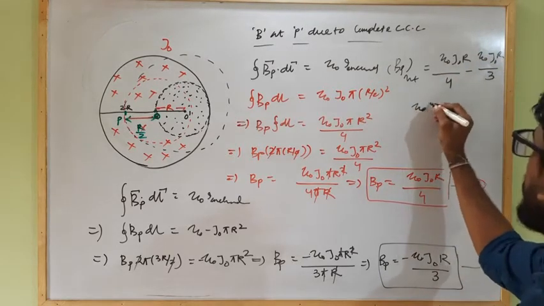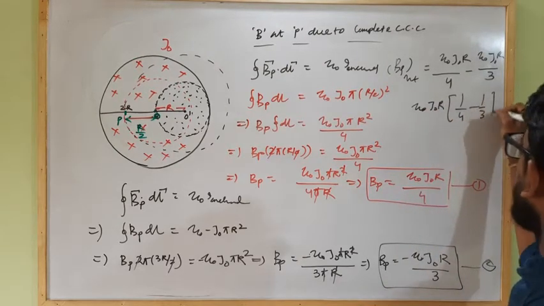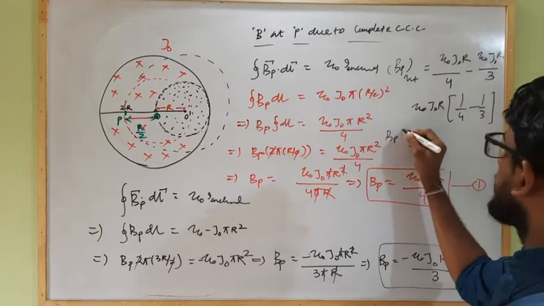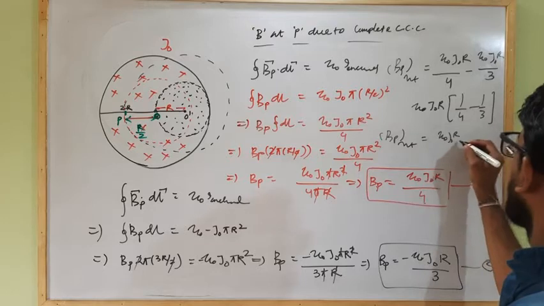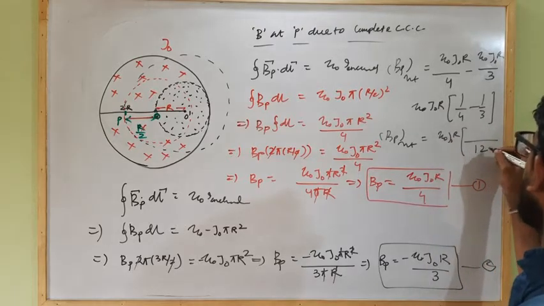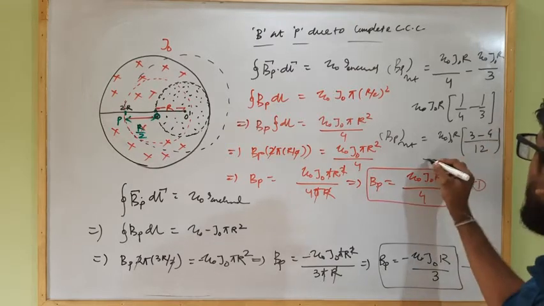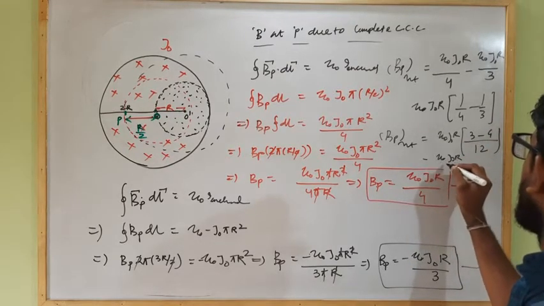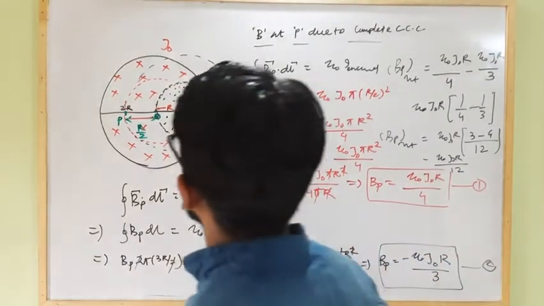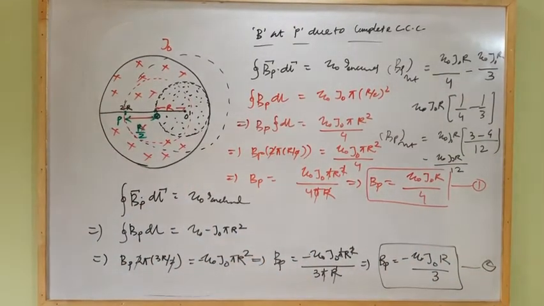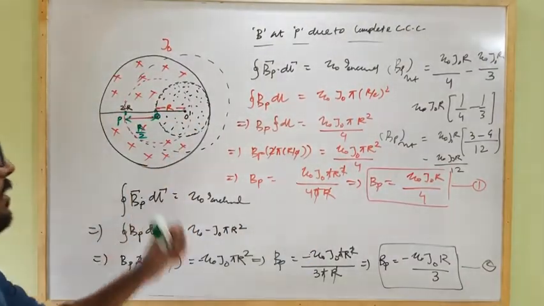So it will be mu naught J naught R into 1 by 4 minus 1 by 3. So B at P net will be mu naught J naught R into 3 minus 4 over 12. So it will be minus mu naught J naught R by 12, or the B net direction will be in the opposite direction. Clear? So the net magnetic field strength you can calculate accordingly.